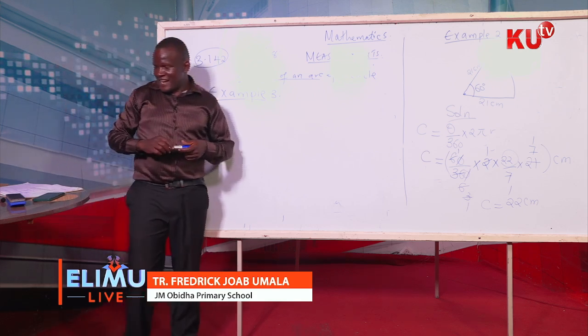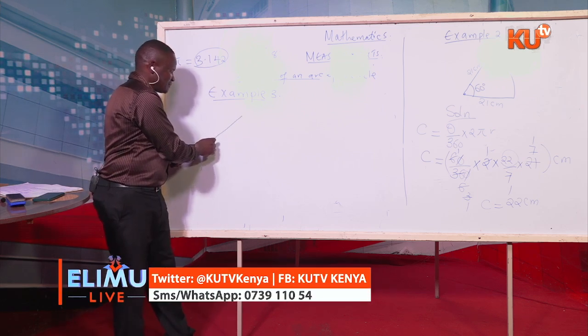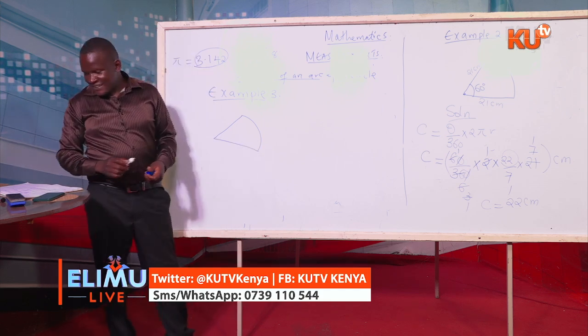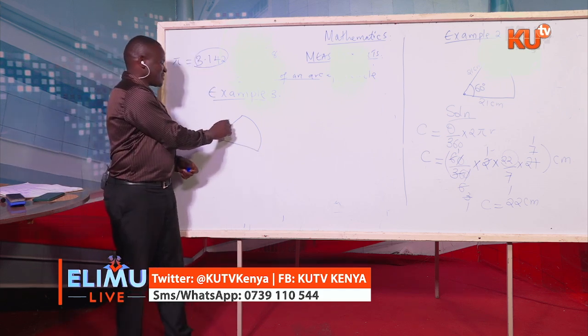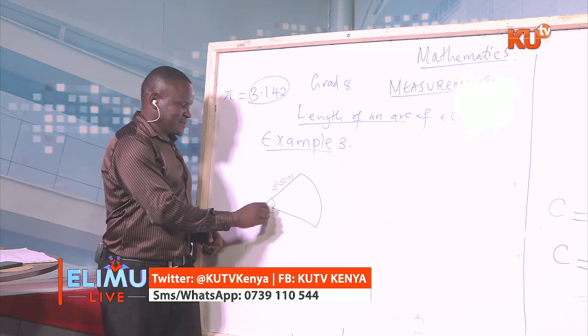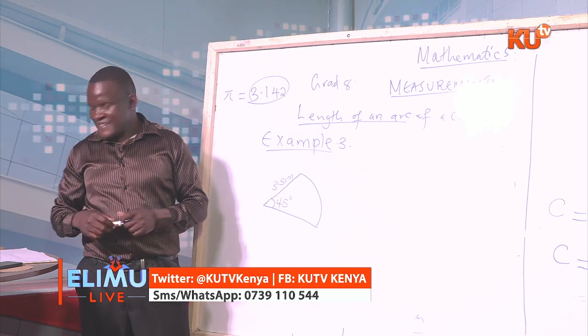Find the length of the arc of the diagram shown. So this is the diagram. That is our arc. Radius is 3.5 centimeters, and the angle that is subtended is 45 degrees.